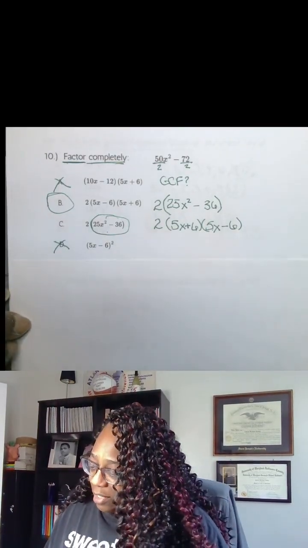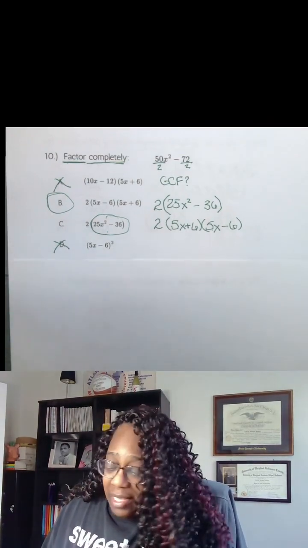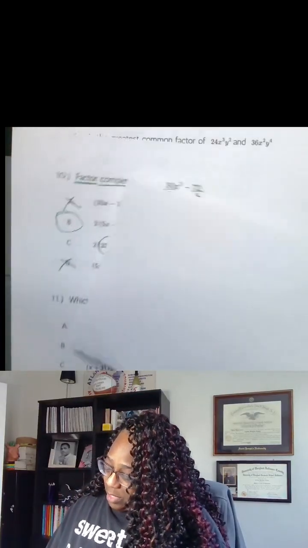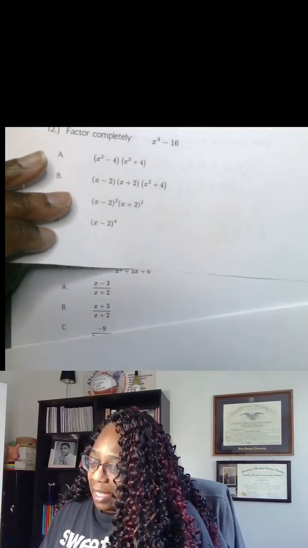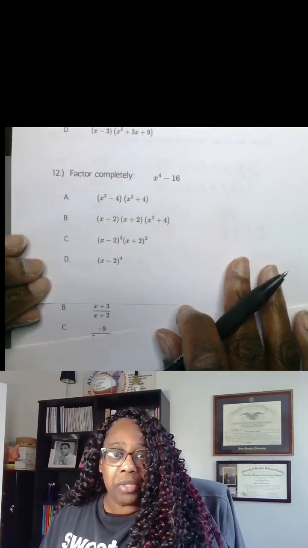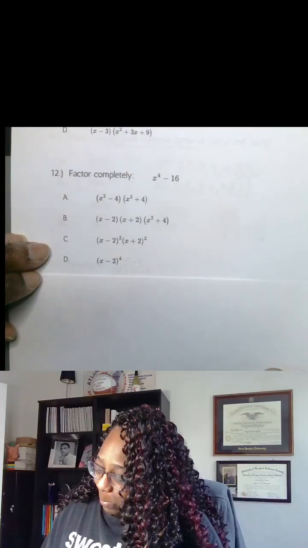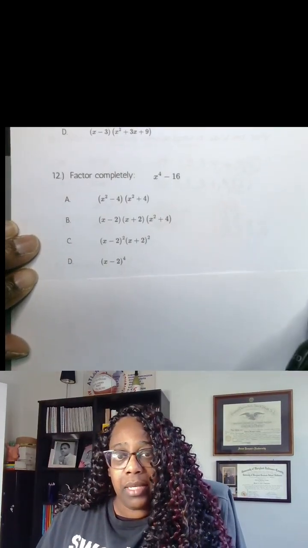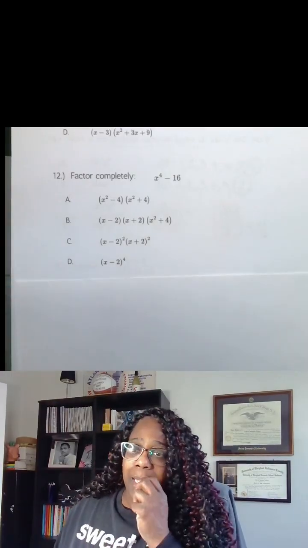All right, so this is what we're doing with factoring. So let me try to take it up a notch. Okay, I want to make sure you guys are getting this.